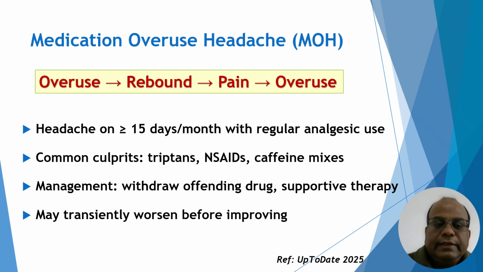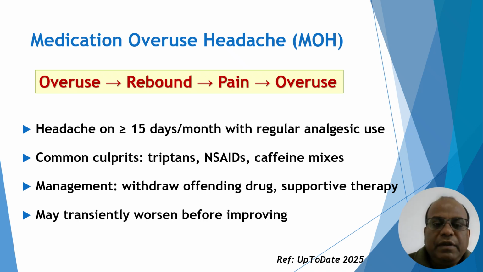Additionally, they must be utilizing one or more symptomatic medications regularly, that means 10 to 15 days per month, depending on the type of drug consumed, and for over 3 months.